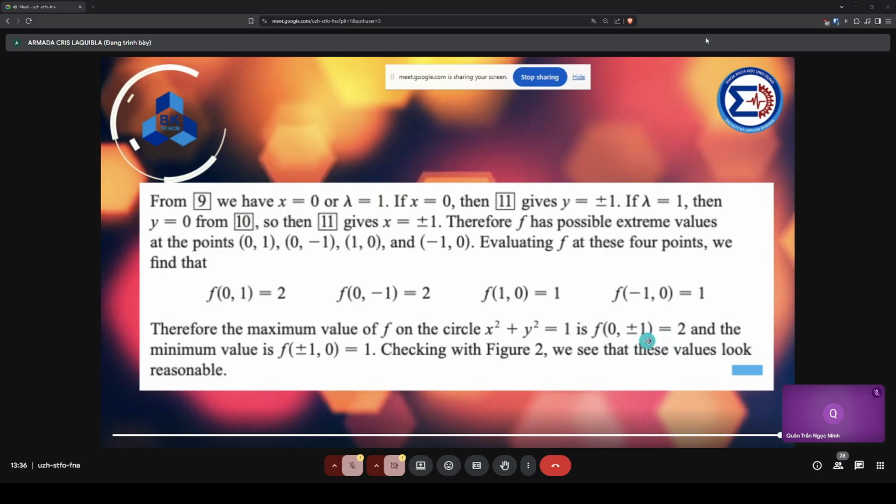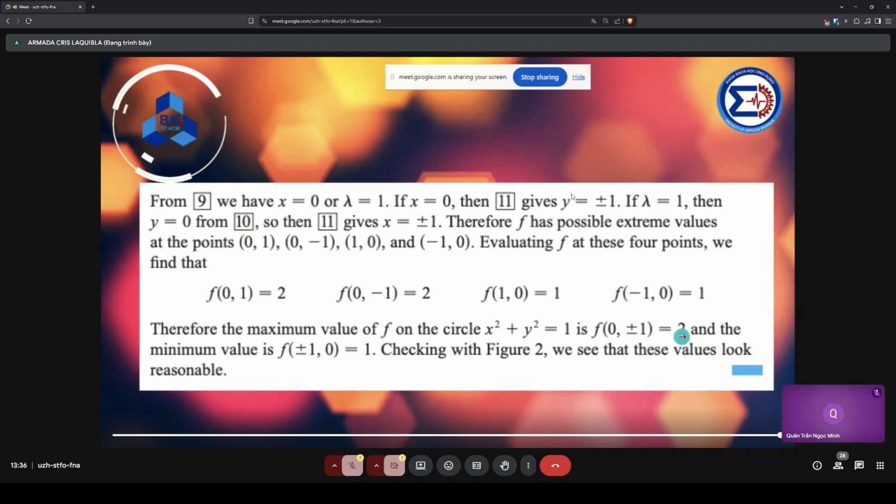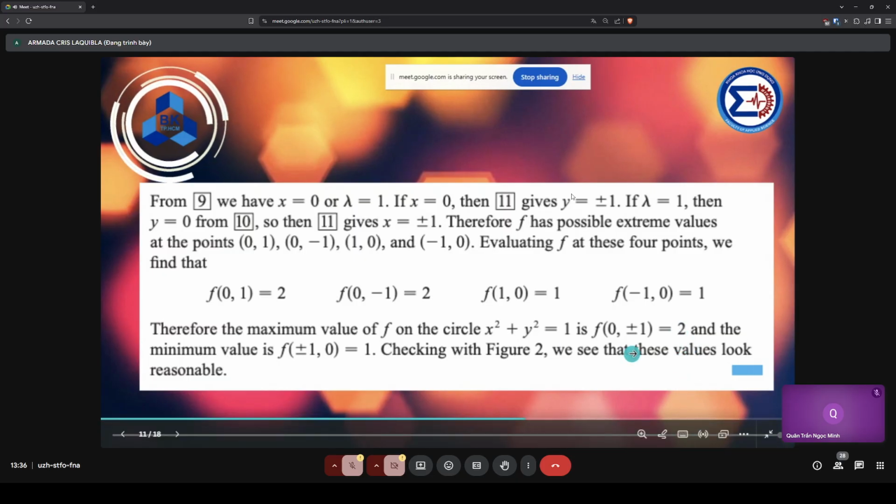If you are asked what the maximum value is, the answer is only 2. But you have 2 points for your x, y values. Now, the minimum value is 1, which is f of positive or negative 1, 0. And at this point, the answer for f is 1.